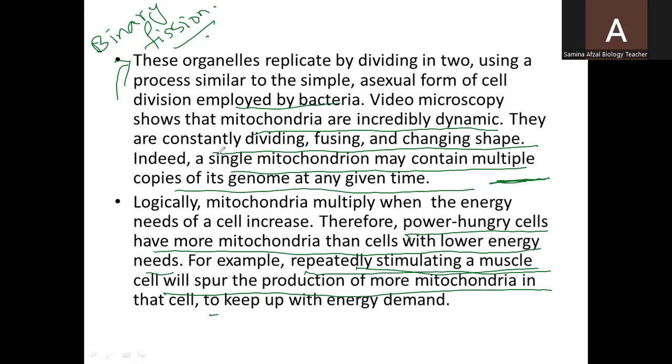Because when the muscle is contracting or relaxing, more energy is needed. So to balance the energy needs of that tissue or cell, more mitochondria are needed, and they multiply and their number is increased.